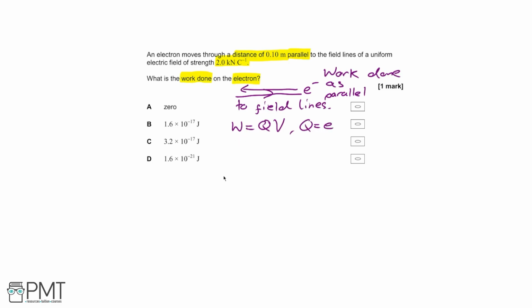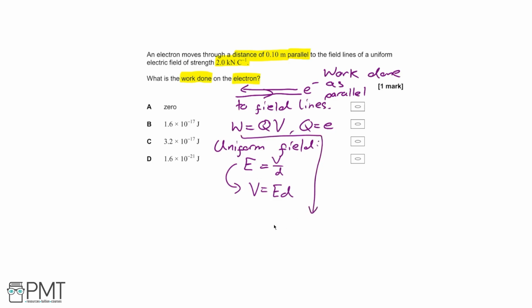And we need to find an equation for V. We know that in a uniform field, we have that the electric field strength, E, is related to the potential difference and the distance that that potential difference is over. Therefore, we can rearrange this equation to have V is equal to E times d, like so. Then we can substitute this into the equation for W.